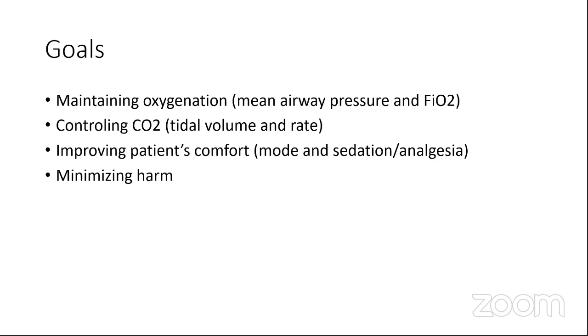So the higher the FiO2 and or the mean airway pressure, the better oxygenation you can get. The second one is controlling CO2, and this has to do with the tidal volume and the respiratory rate. So the bigger the tidal volume you deliver, and the more frequent the rate, the more you wash CO2, the less CO2 in the ABG and the less respiratory acidosis you get.